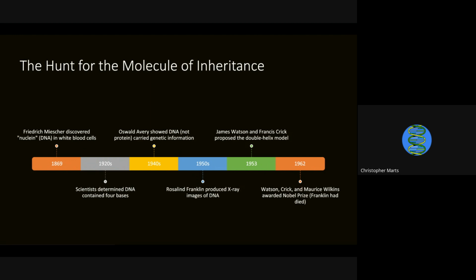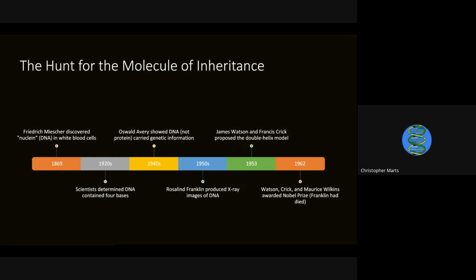And at this point, we have scientists who are able to look inside cells and they're discovering more about them. Then we go from 1869 to the 1920s, where scientists have figured out that DNA has 4 different bases in it. And we'll go through those 4 different bases in a little bit.